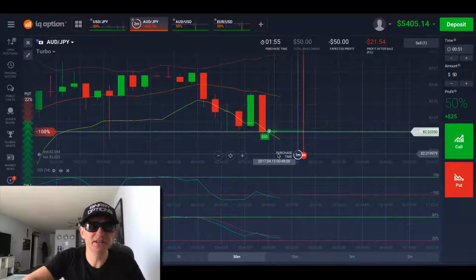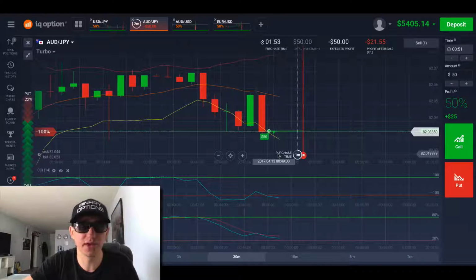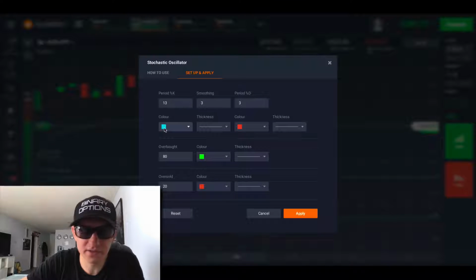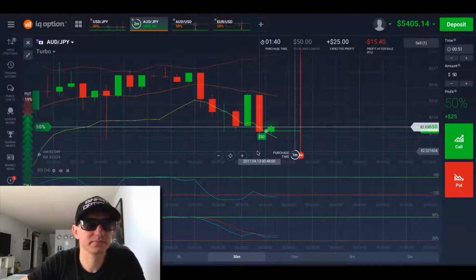So as you see, stochastic oscillator consists of the two lines, the K line and the D line. K line is blue and D line is red.